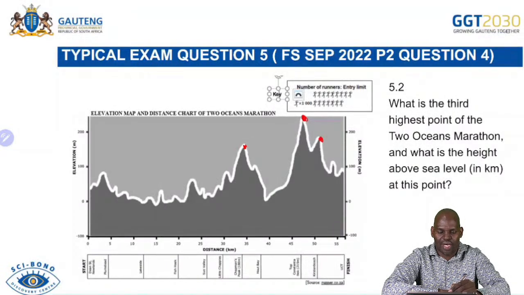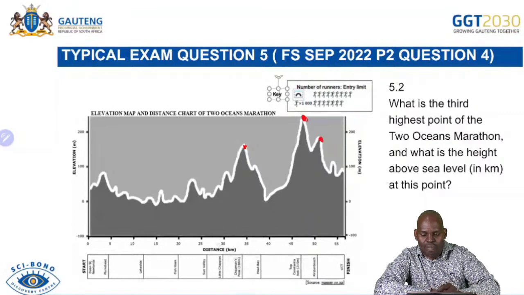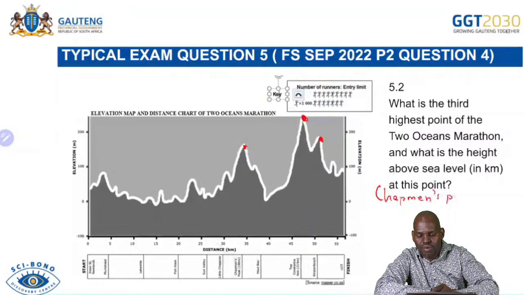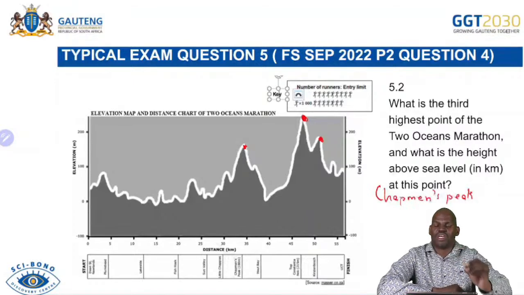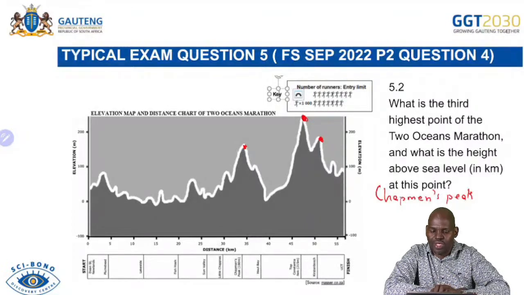So now we've got the first highest, we've got the second highest, and this is the third highest. Then if you look at the place, it is Chapman's Peak. And then they say, what is the third highest point of the Two Oceans, and what is the height?